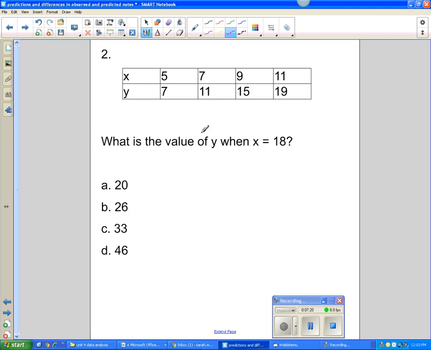Number 2, what is the value of y when x equals 18? Okay, the first thing you need to do is put things in stat. L1 and L2. Okay, type the numbers in your calculator.